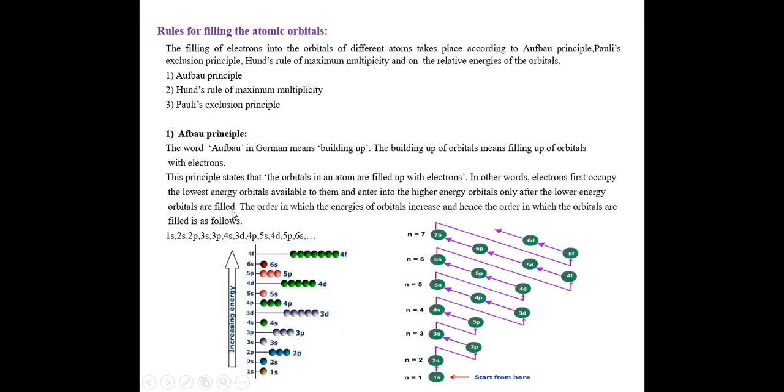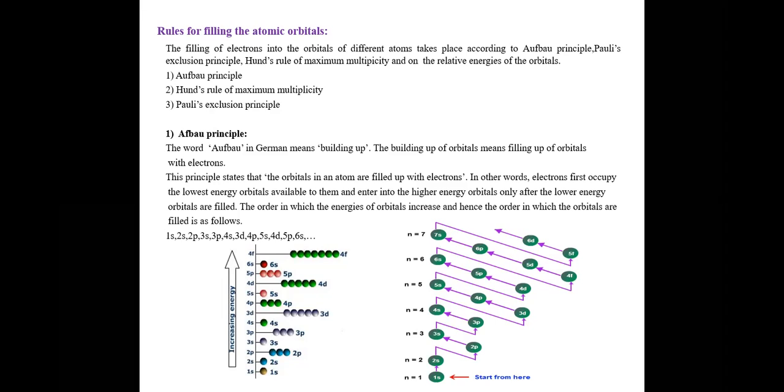That is what this principle states. We have to fill the orbitals of an atom with electrons in such a way that first we fill the lower energy orbitals. Once the lower energy orbitals are filled, then we go for the higher energy orbitals. Until then, we should not fill the higher energy orbitals with electrons.